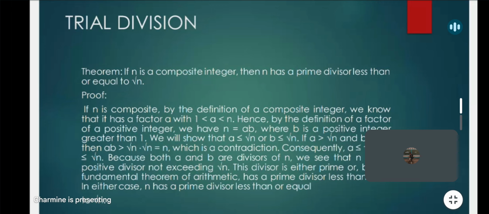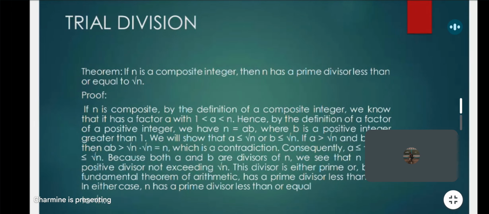We will show that a ≥ √n or b ≥ √n. If a < √n and b < √n, then ab < √n · √n = n, and n = ab. Contradiction.